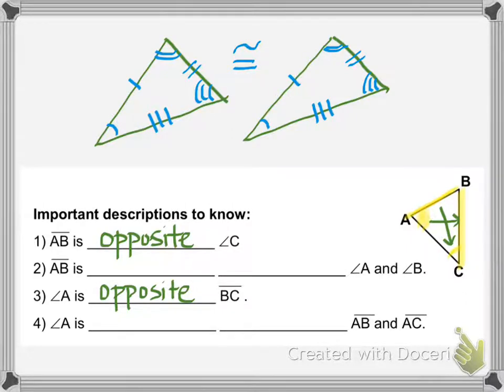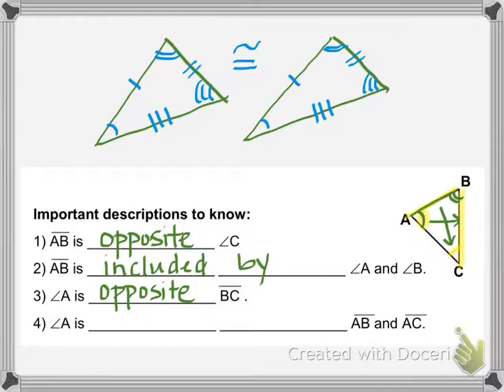Then there's this other term which is totally new, and it's called included by. So let's go back to segment AB. Segment AB is kind of like in between angles A and B. So we say it is included by. Basically, they're kind of on either end, right?